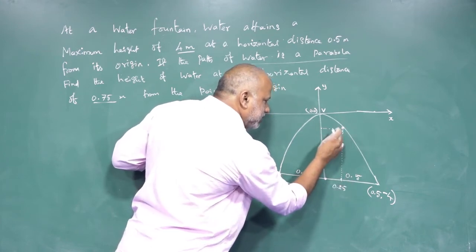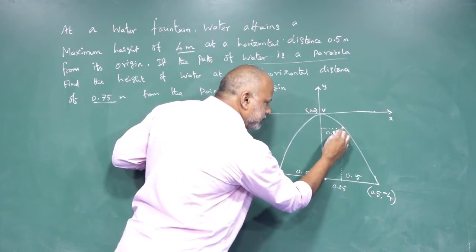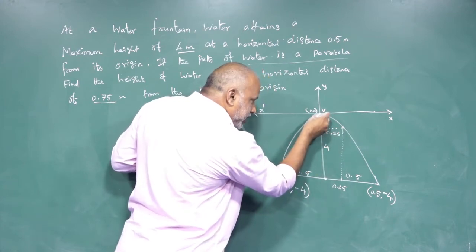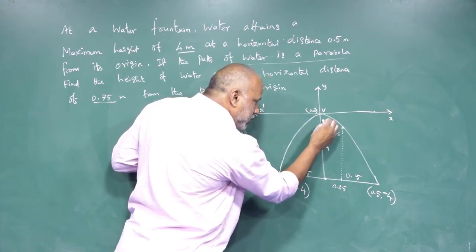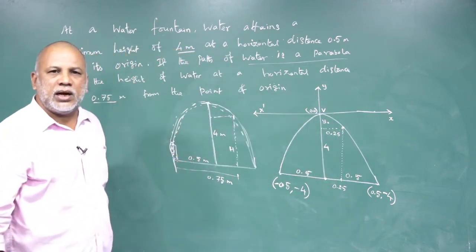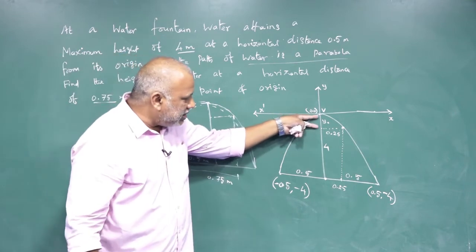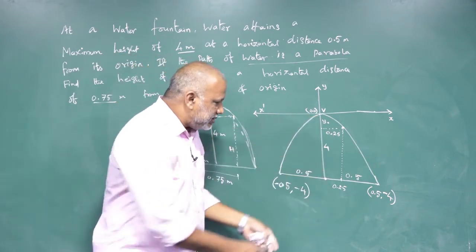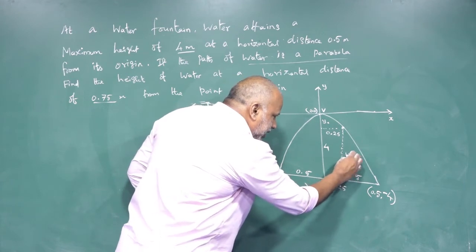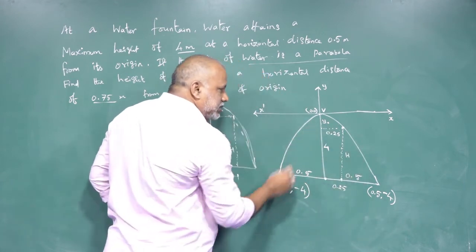Here also we get 0.25 only. From this vertex, that means the origin, this value is unknown, say y1. This is the height you are going to find. This value is y1.